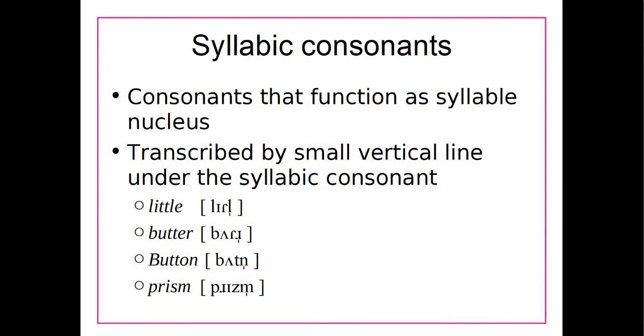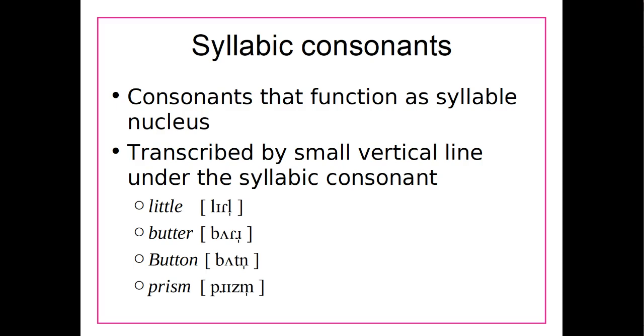We can have syllabic consonants, so a syllable doesn't necessarily have to have a vowel, and consonants can function as the syllable nucleus. If we were transcribing these, which we won't have to in this class, the syllabic consonants would have a little line underneath them. As examples, we have the final l in little, the final r in butter, the final n in button, and the final m in prism.